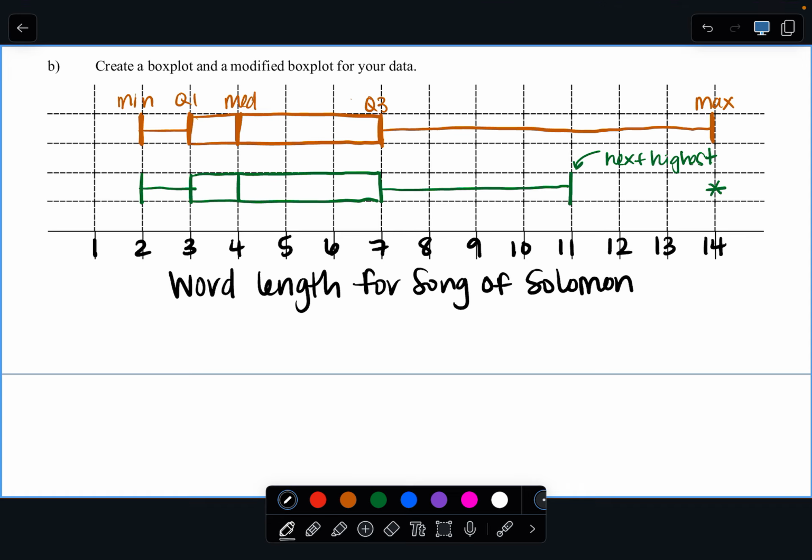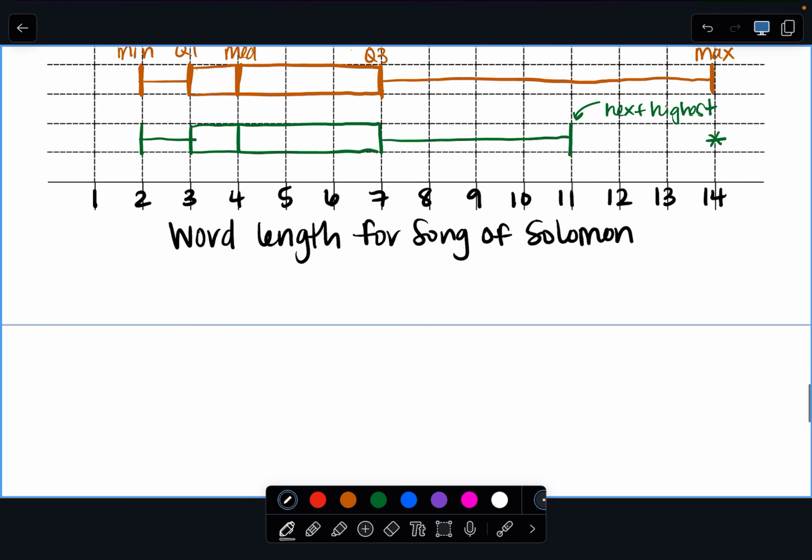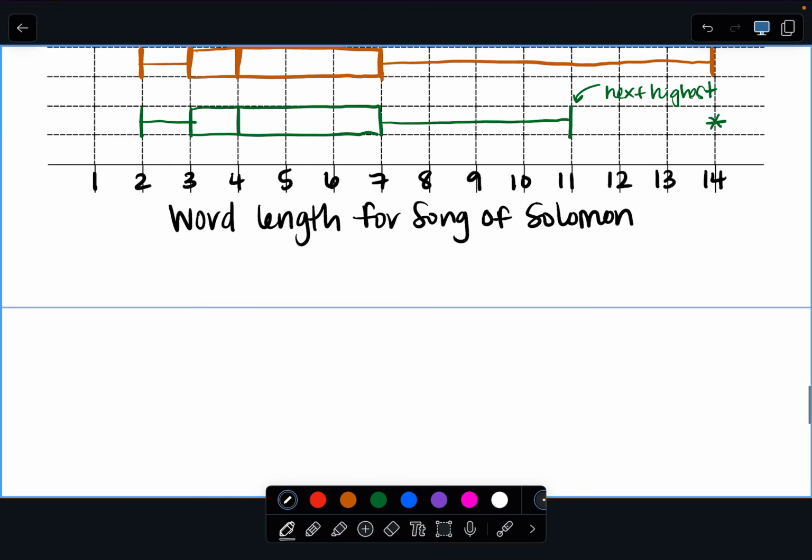It's 25% of your data. So don't think that because the section is longer, there's more values in it. They all have the same values inside each part. That's why it's quartiles.